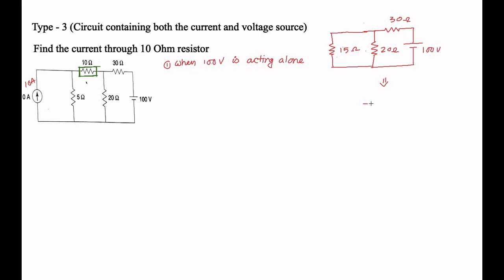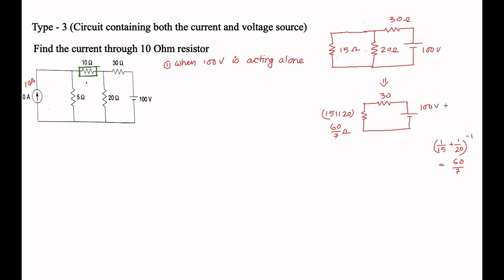The resultant circuit is this 30 ohm, this 100 volt, and 15 parallel 20. What is 15 parallel 20? It becomes 1 by 15 plus 1 by 20 and reciprocal. If we solve it, it becomes 60 by 7 ohm, the equivalent resistance of 15 and 20 in parallel. So this is 30, and it is as it is 100 volt.